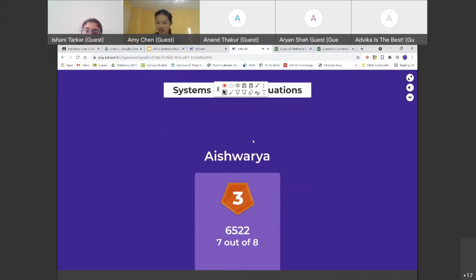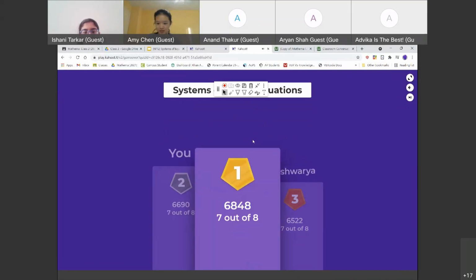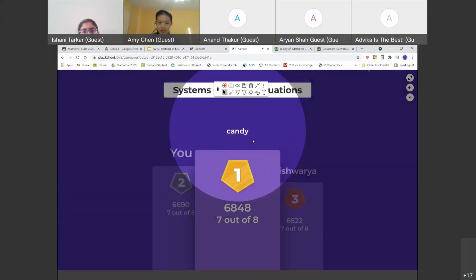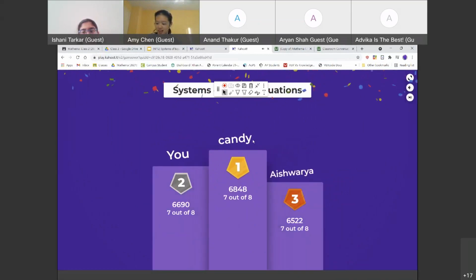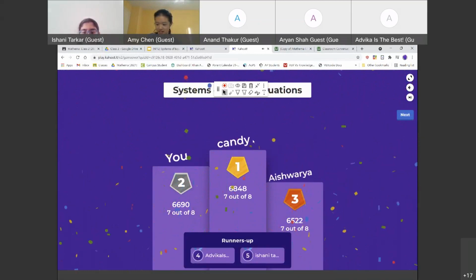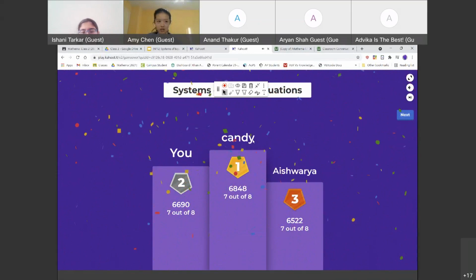Okay, in third place we have Aishwarya. In second place we have you. And in first place we have Candy. Who's Candy? Oh my gosh, Ishani, you're Candy?